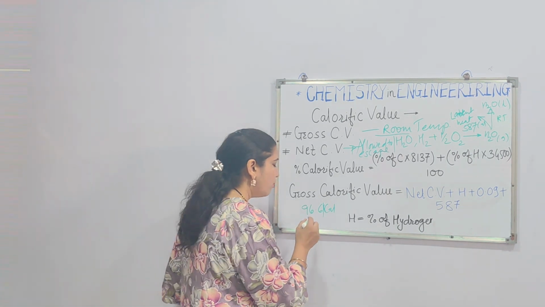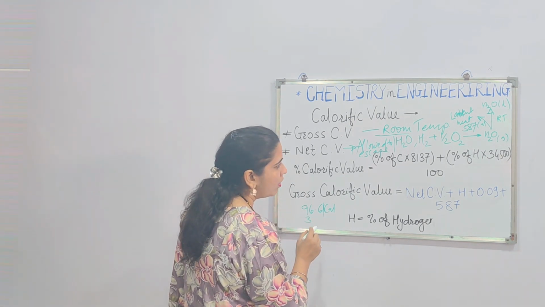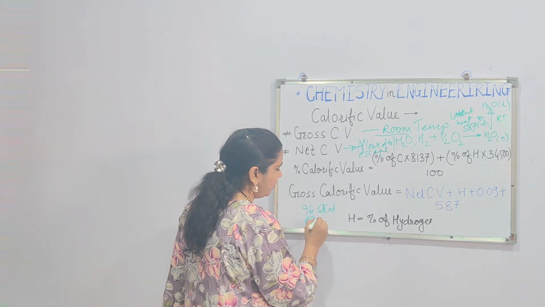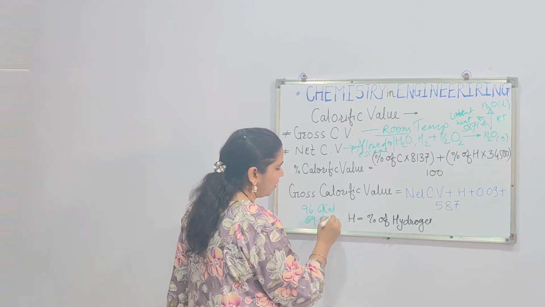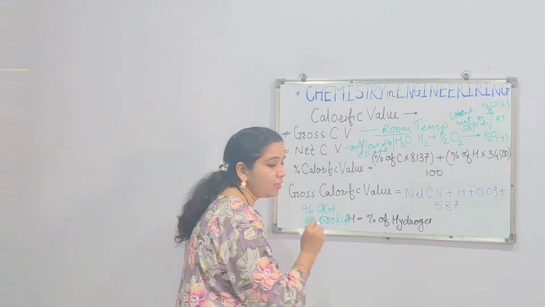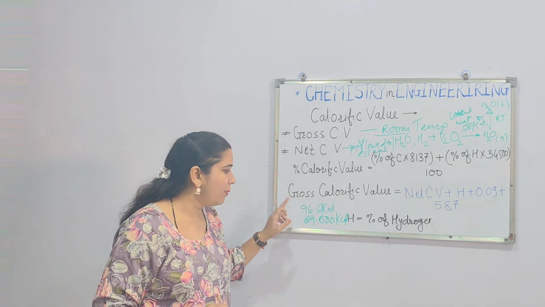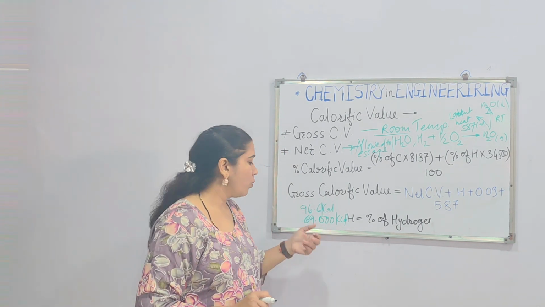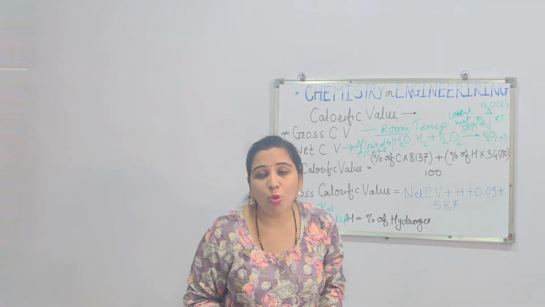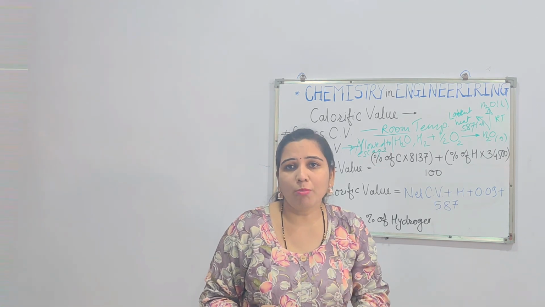And when 1 mole of hydrogen is burned, 69 kilocalories of heat is produced. So 1 mole of carbon will give such an amount of energy, while 1 mole of hydrogen will give such an amount of energy, and 1 mole is nothing but the molecular weight in grams.